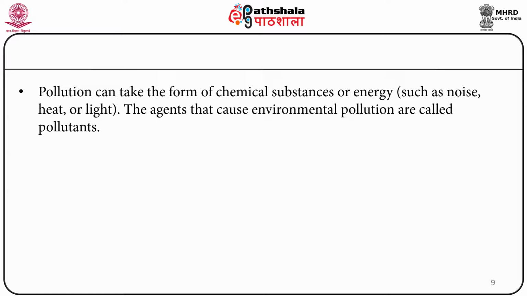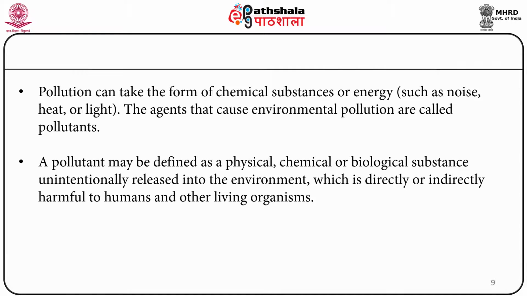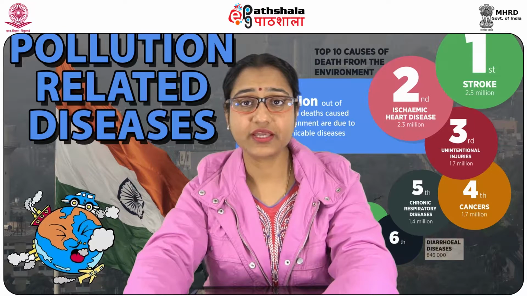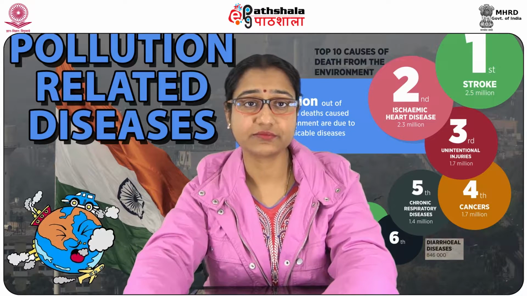The agents that cause environmental pollution are called pollutants. A pollutant may be defined as a physical, chemical, or biological substance unintentionally released into the environment which is directly or indirectly harmful to humans and other living organisms.